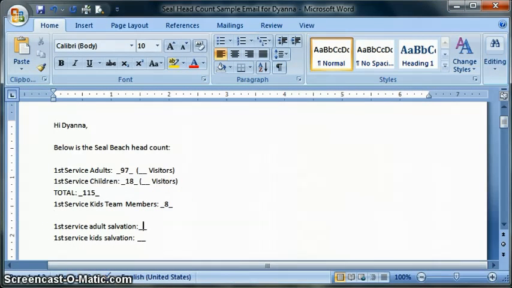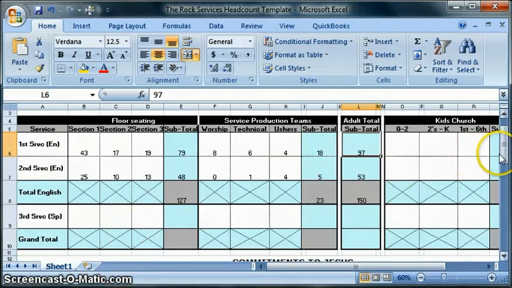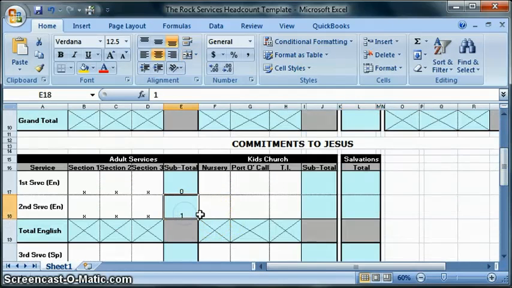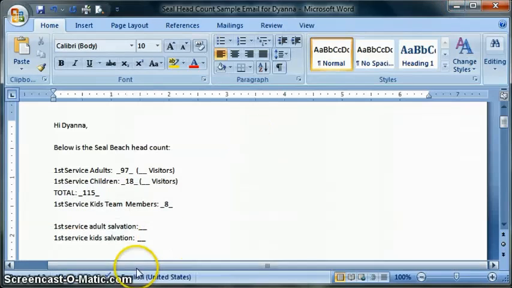First service adult salvation, we already saw from what Aaron gave us, that it was a 0. And actually this was just an example. This is also a 0. These were left blank, so that means we leave this blank.